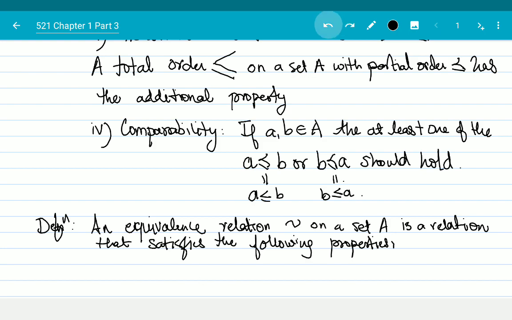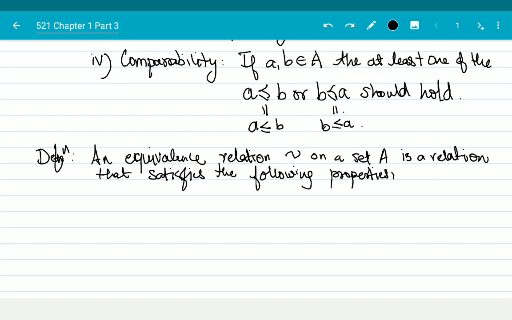First, so partial order was reflexive. This is also reflexive. Just to say A tilde A for every A in A.